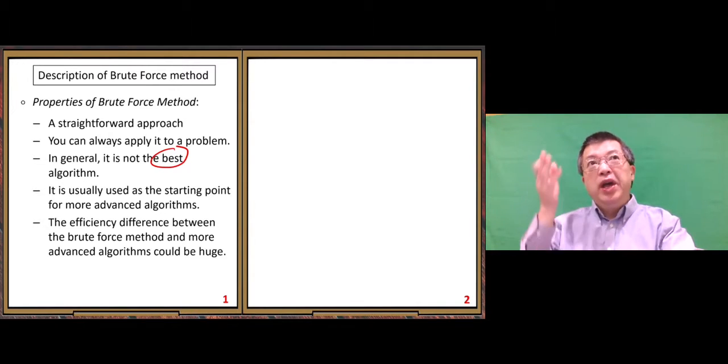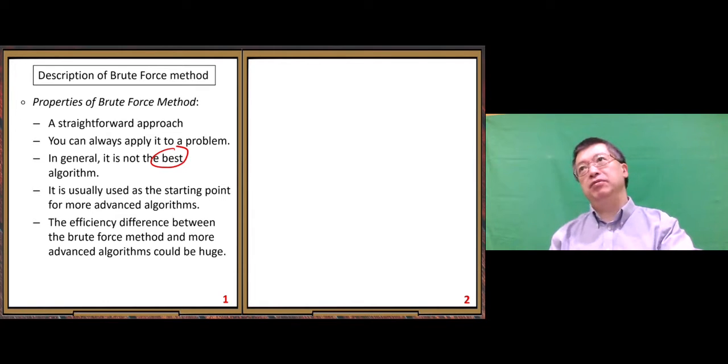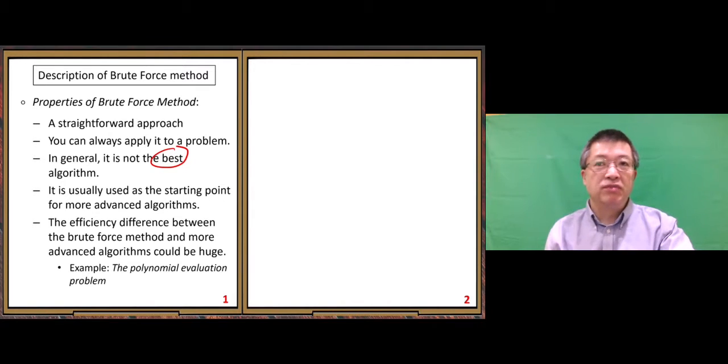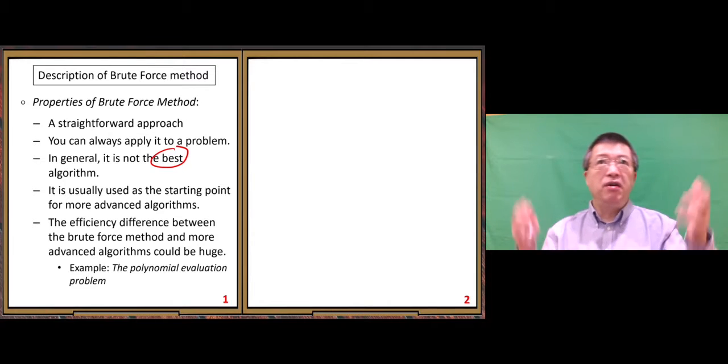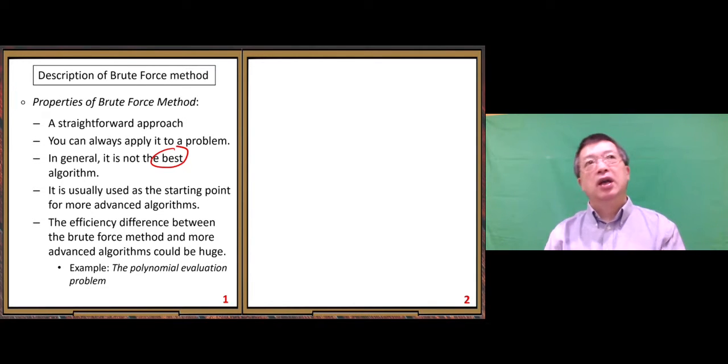Here, we already have that example. Let me bring it up. The polynomial evaluation problem. We did two methods. The first one is the brute force method, which most people like to use because they only know that method, right? The second, we used Horner's rule.